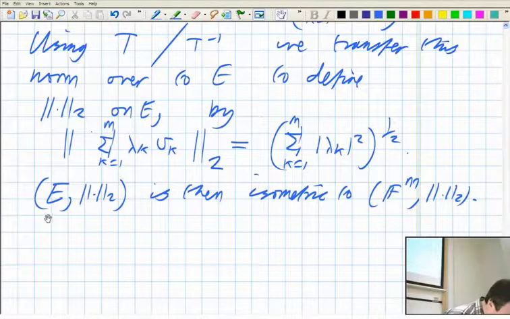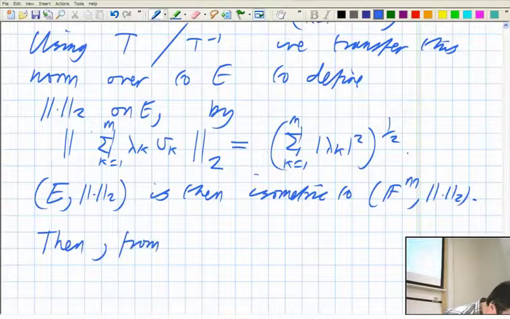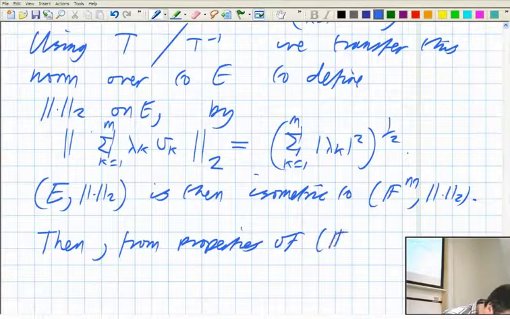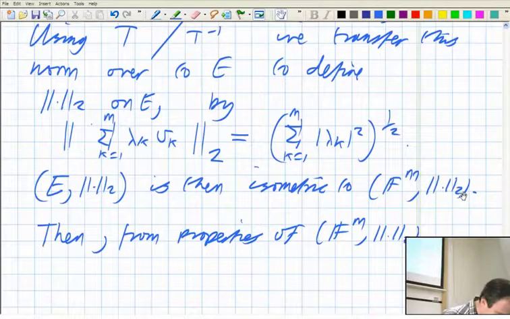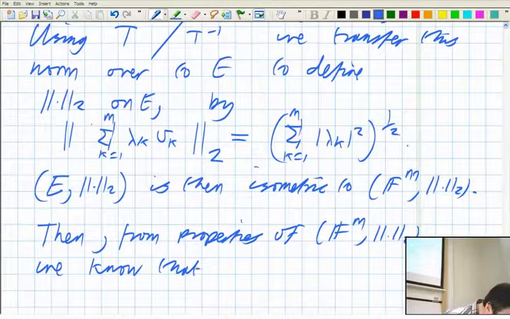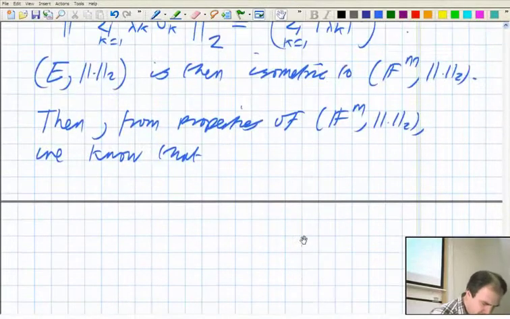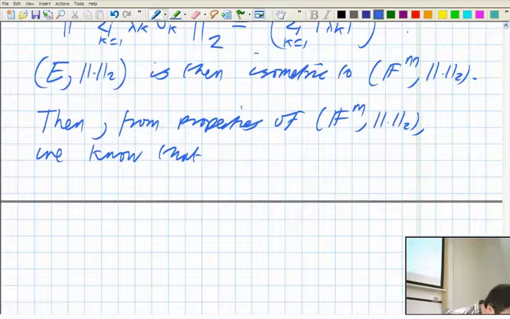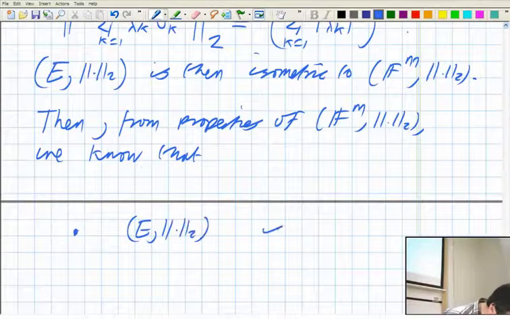So from properties of F to the m with norm 2, we get that E with norm 2 is complete. So that's a Banach space.